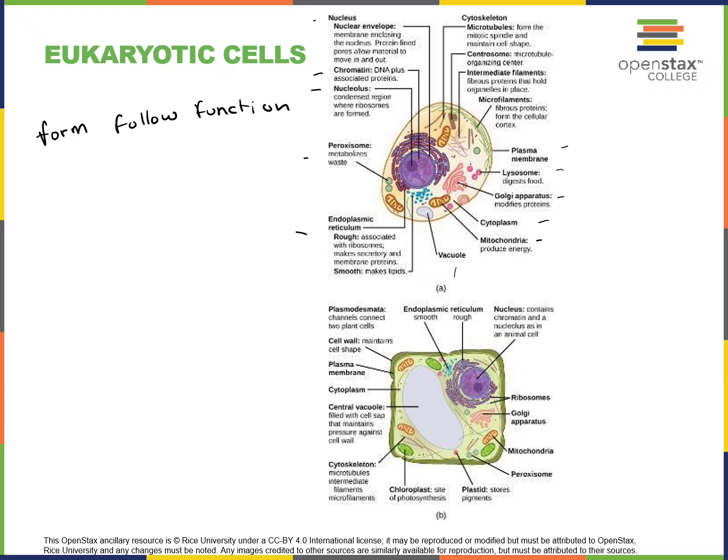That's super important throughout all of biology. Form follows function. You're going to find that all over the place. So in both animal and plant cells, the eukaryotic cells are a lot busier. They've got a lot more going on.